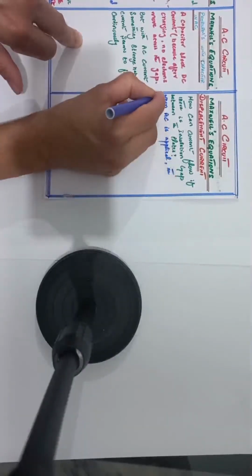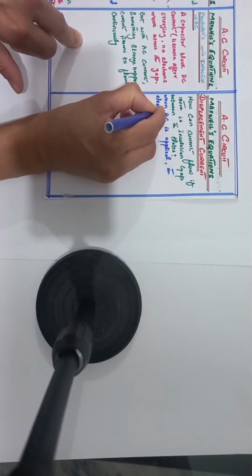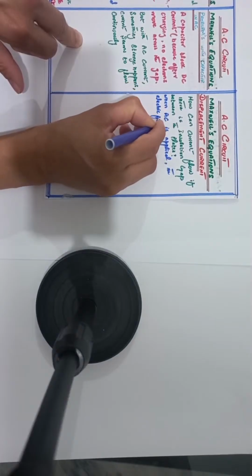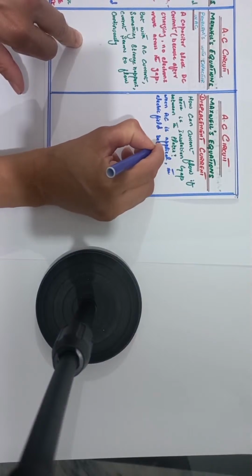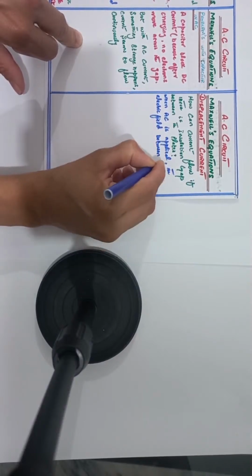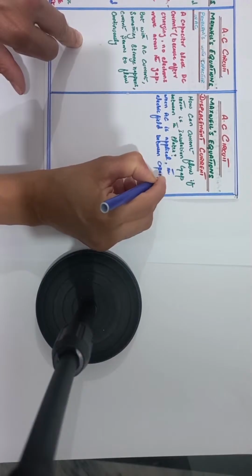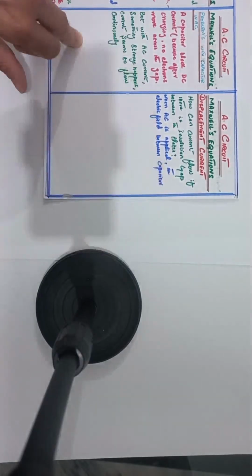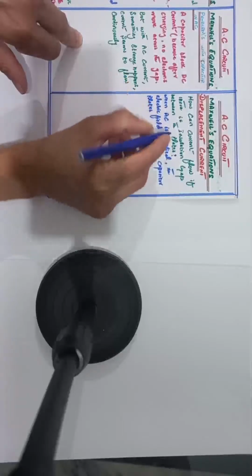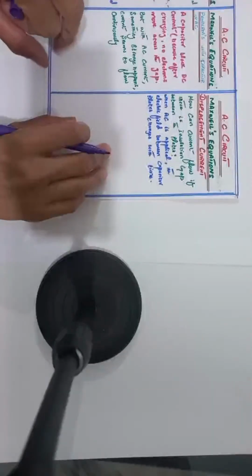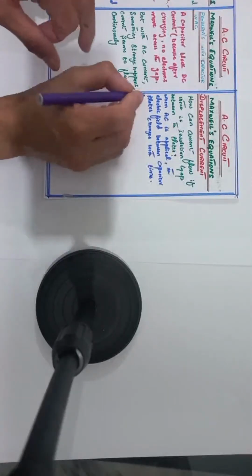The electric field between the capacitor plates changes, and we know that a changing electric field acts like a current.